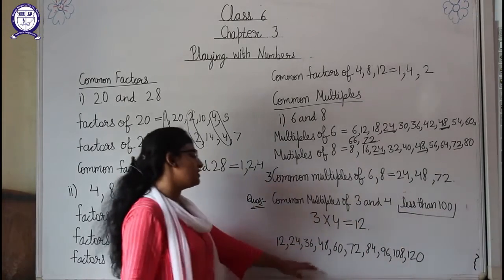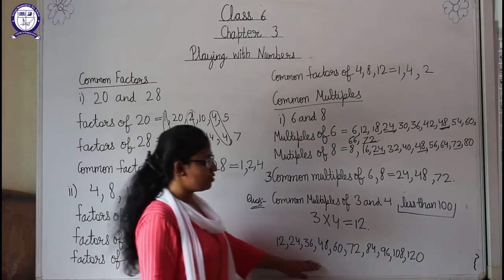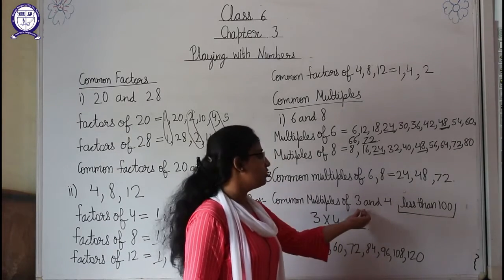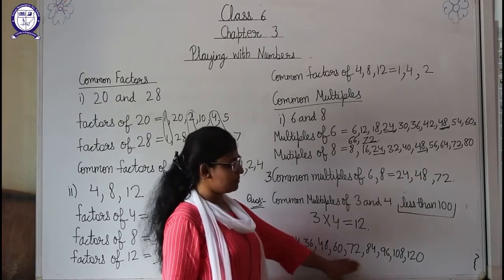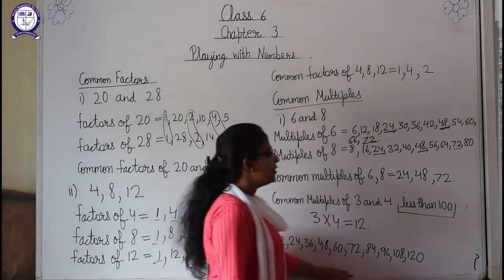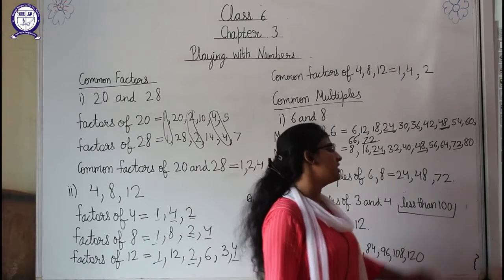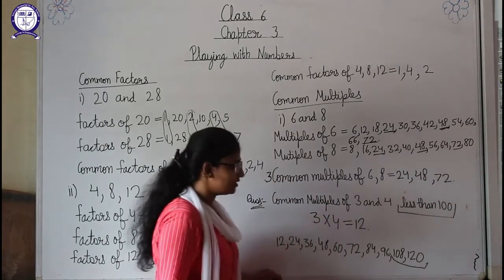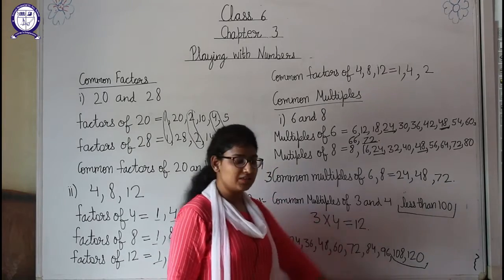Now students, if you check, these will be the multiples common to both 3 and 4. In the table of 3 these multiples will be coming, and in the table of 4 these multiples will be coming. Okay, but we have to tell the multiples less than 100. So here, these two are greater than 100. So we will take up to 96 only.